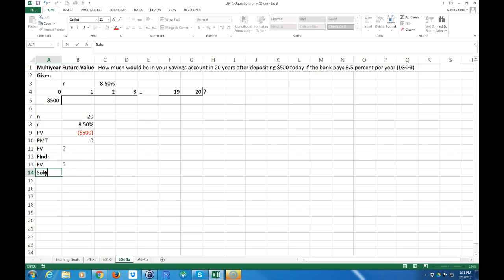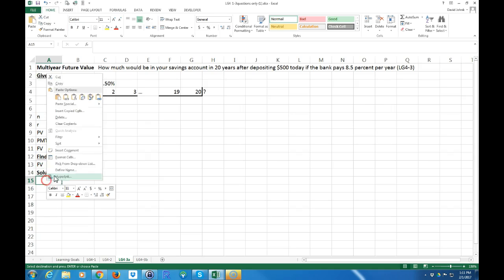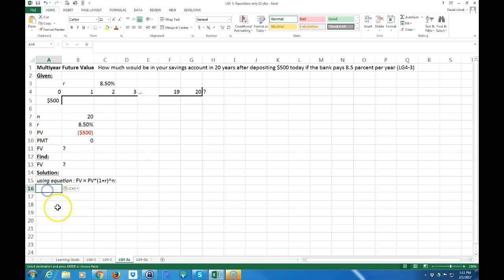So for a solution, I guess we go solutions, because I'm going to do more than one way. First we'll use the equation. Okay, so you say future value is equal to, since we're using an equation, I'll just click on this one since it's already positive.